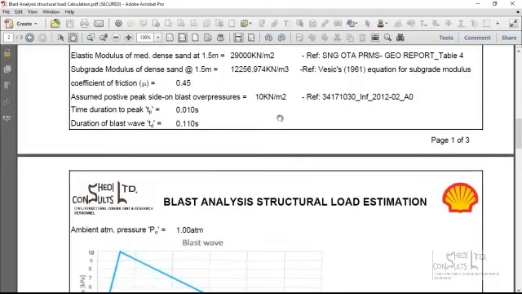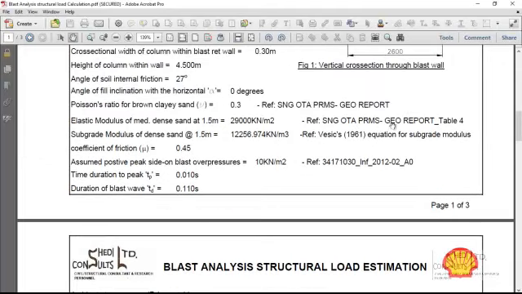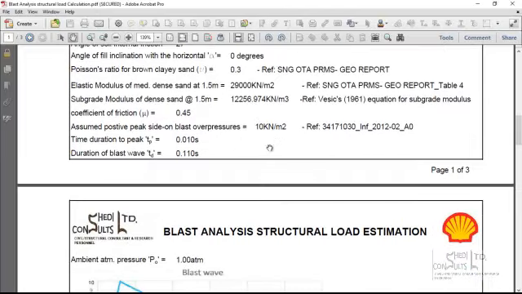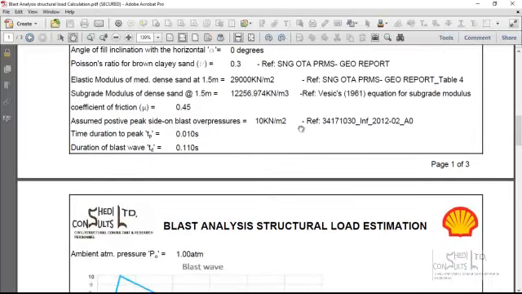So 10 kilopascal was taken based on experience within that plant, because I have done an engineering design in that plant before, and this was taken as the peak side-on overpressure in the event of an explosion.